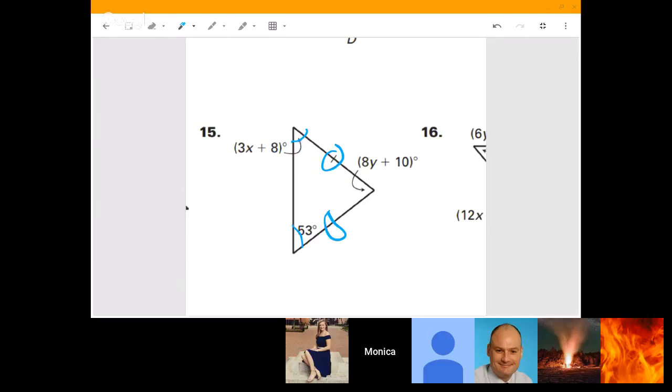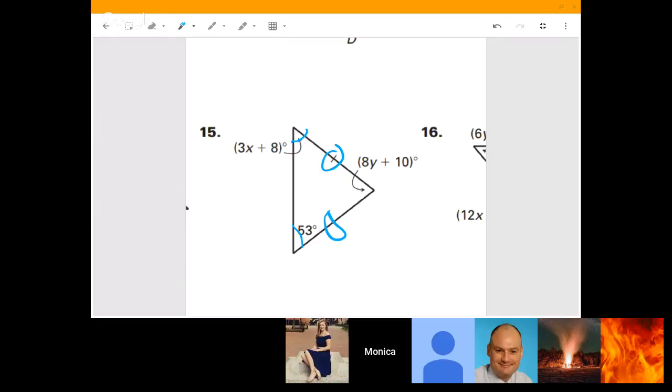And then also, how can we figure out what y is? We know that all three angles add together to equal 180.